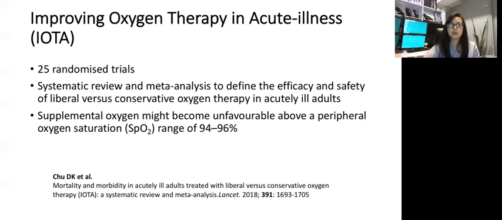The authors concluded that supplemental oxygen might become unfavorable above a peripheral O2 saturation range of 94 to 96% because the risk of death increases in a dose-dependent manner. Their findings simply imply that when too much oxygen is administered in acute illness, it can exacerbate the patient's health problems.